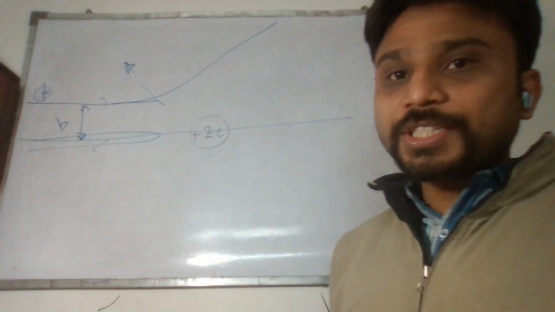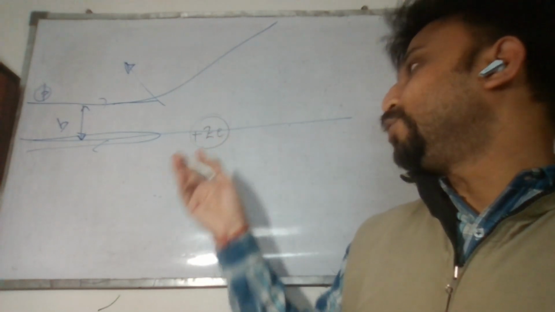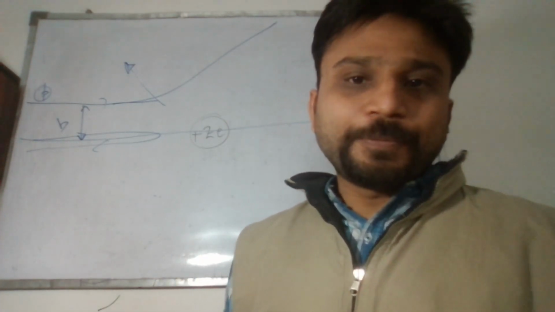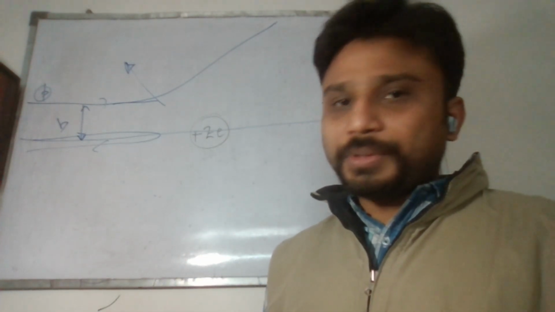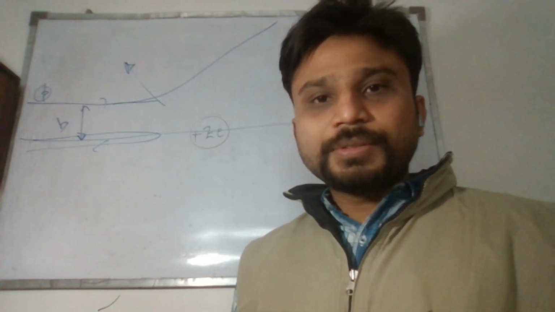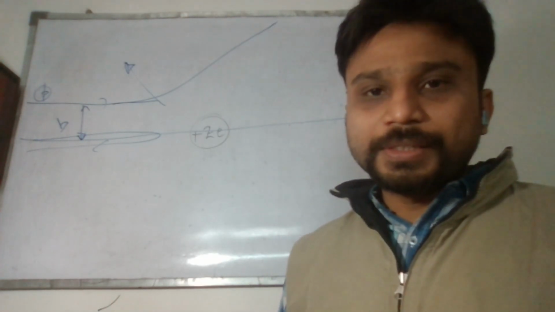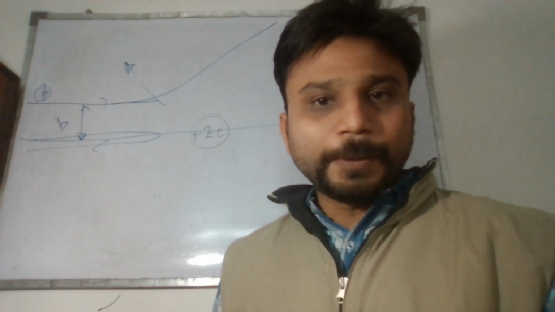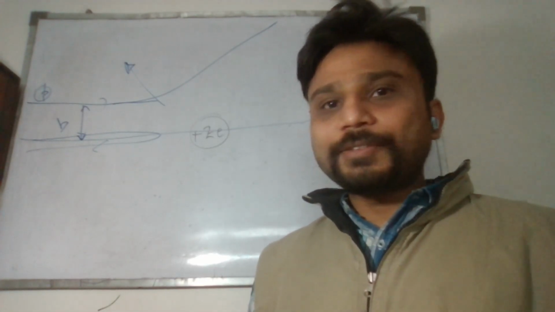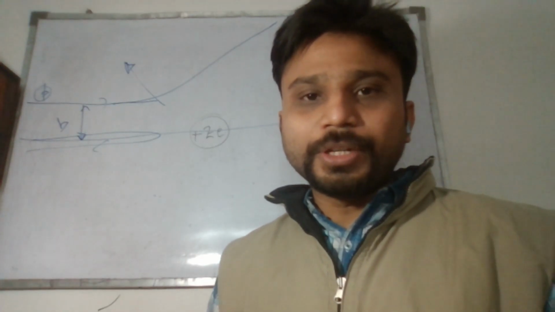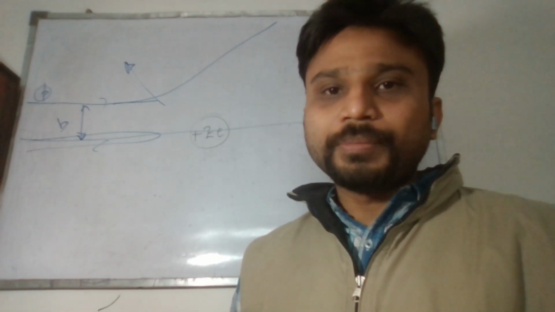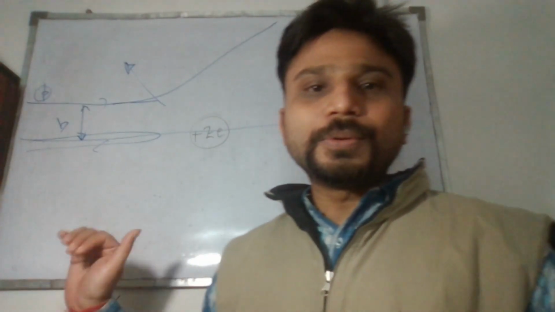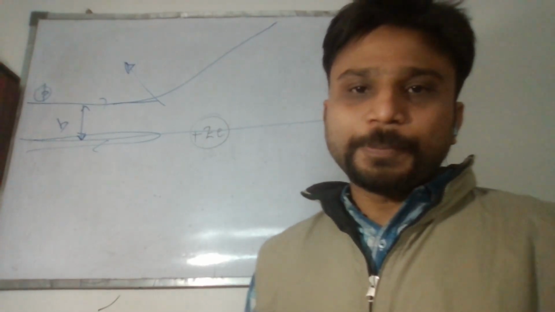We use the word stationary because we'll be assuming it is not moving at all, which is not true practically. If we are talking about interatomic distances within the gold foil, then definitely there would be some vibrations of the gold foil, some movement of the gold. But here we are assuming, just for the sake of our calculation, that the gold nucleus is absolutely stationary.